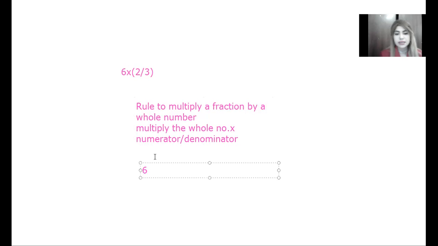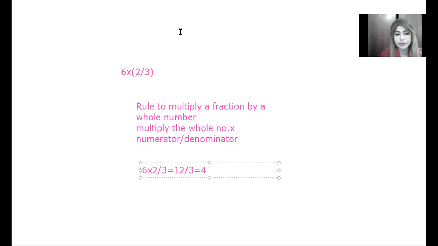So I will take 6. I will multiply the whole number by what? The numerator. What's the numerator? It is 2. So 6 multiply 2. Then the answer, I will divide it by the denominator, which is 3. So it will be 6 multiplied by 2 is 12, divided by 3 equals 4. So that's the answer.